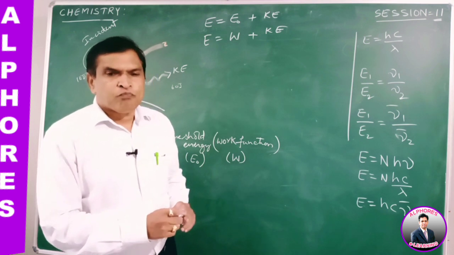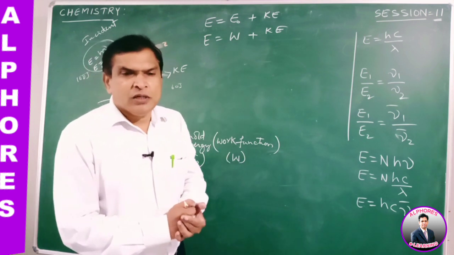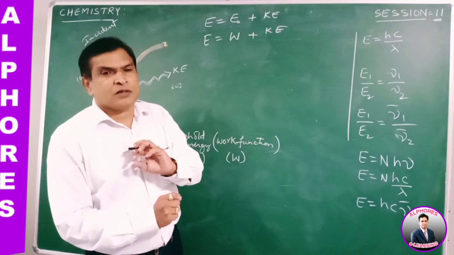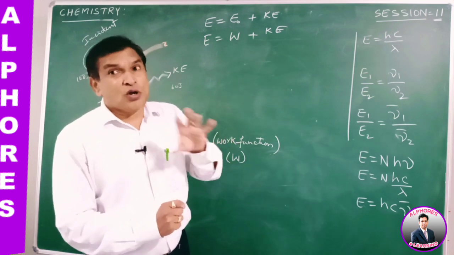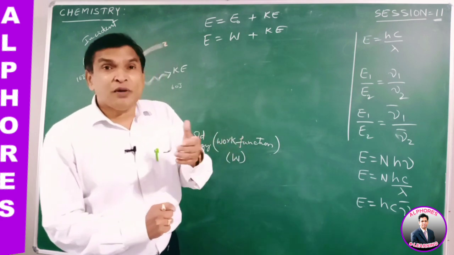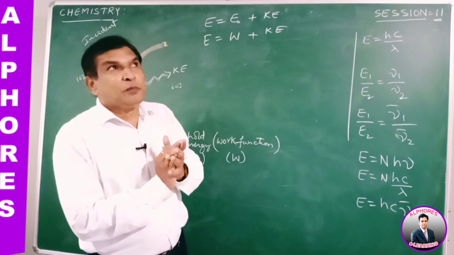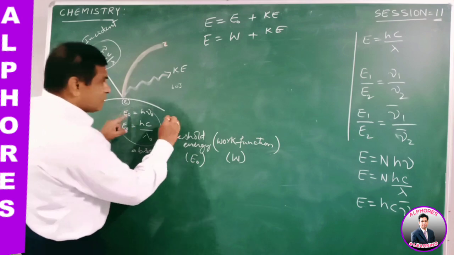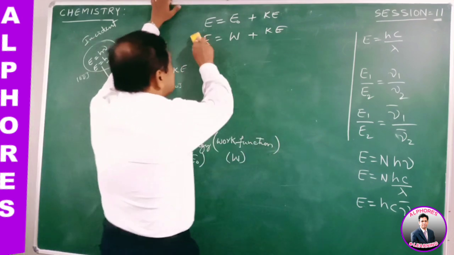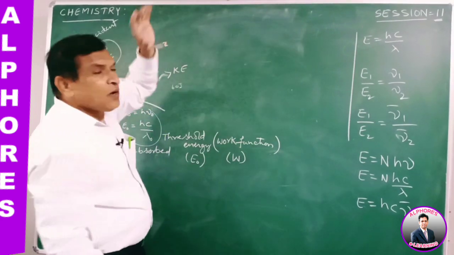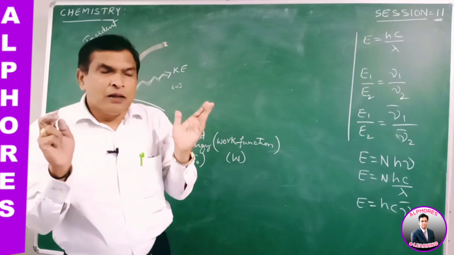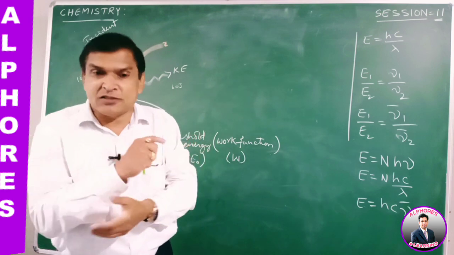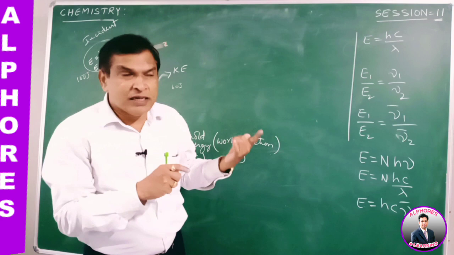Say the threshold energy for photoelectron emission from the surface of a metal is 4.9 into 10 to the power minus 19 joules.